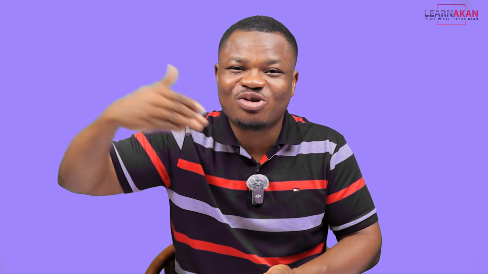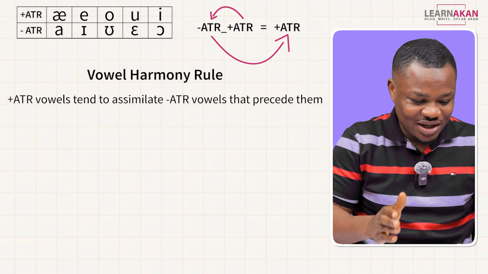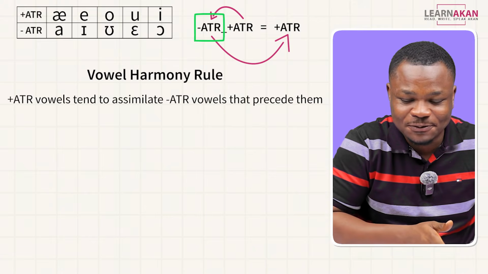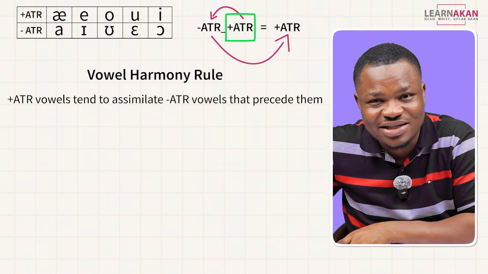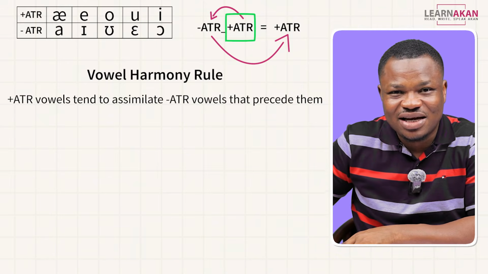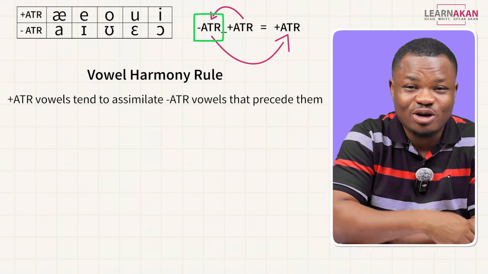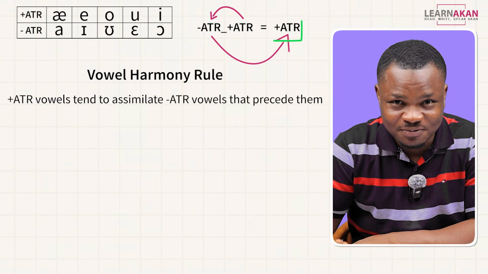They also affect how vowel sounds across words, in words that are close by, are pronounced. So according to the vowel harmony rule, we said if you find a minus ATR sound and the next vowel sound is a plus ATR sound, then that plus ATR will cause the minus ATR sound that precedes it to change into a plus ATR equivalent, right?